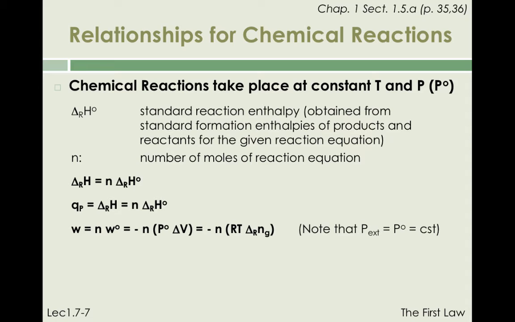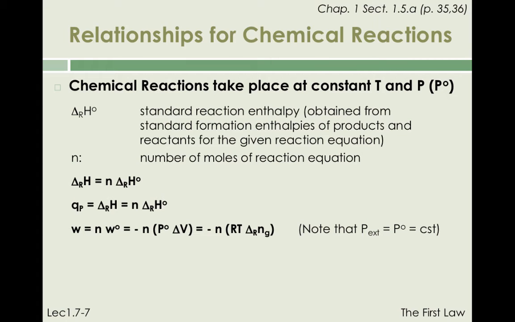Since most problems in the life sciences consider conditions of pressures in the vicinity of the standard pressure, we can assume that gases obey the ideal gas law and replace any volume by the number of moles times RT divided by P standard.